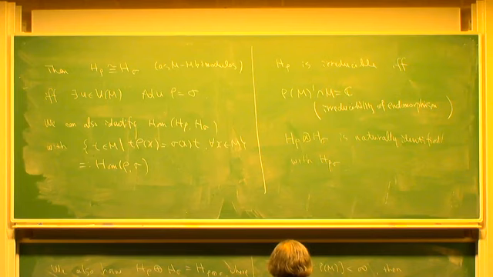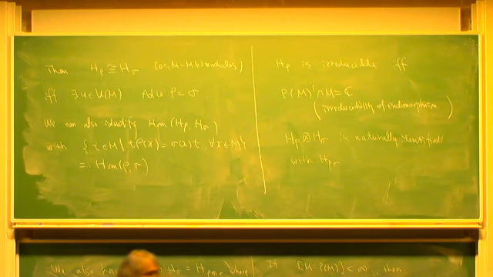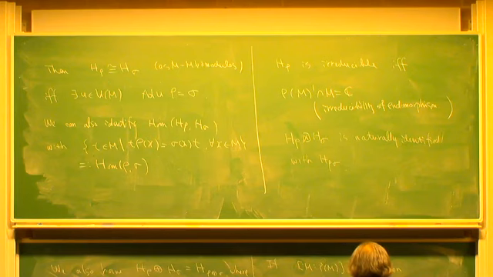That is, rho is equal to this finite sum, where rho_i is an irreducible endomorphism and n_i is a multiplicity, a non-negative integer.